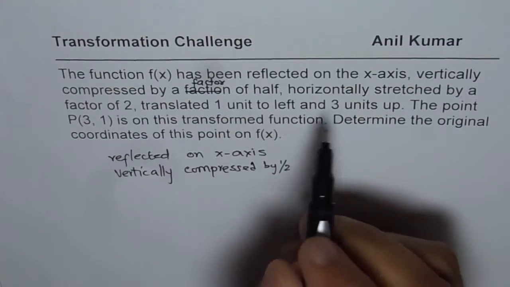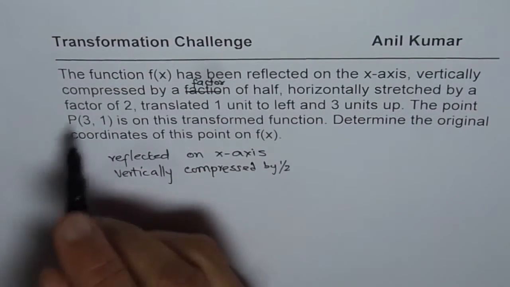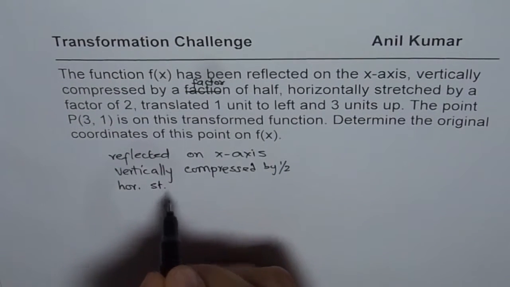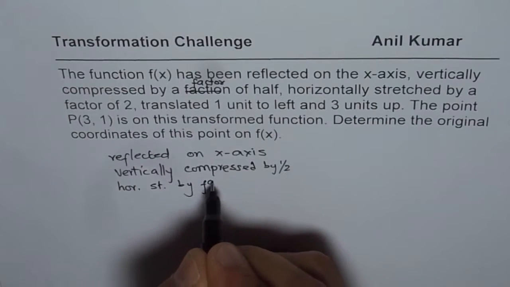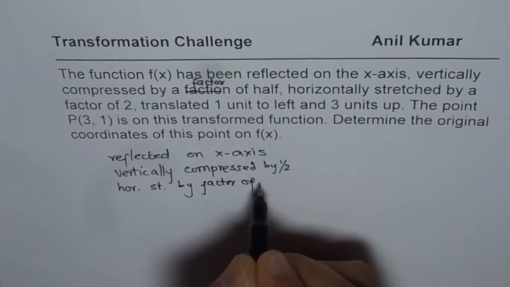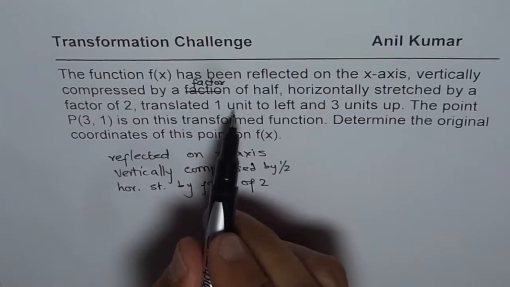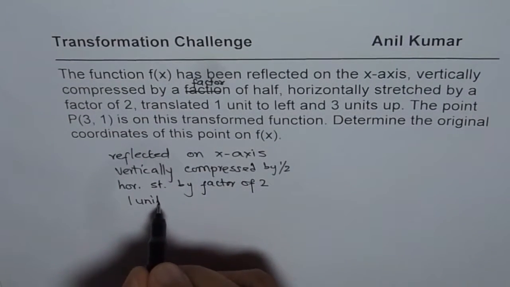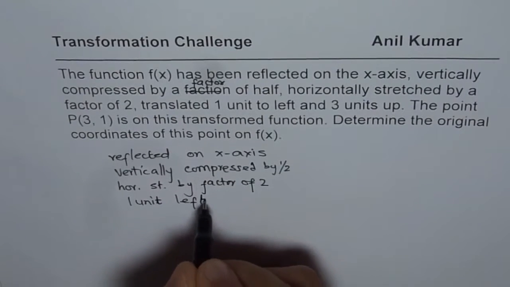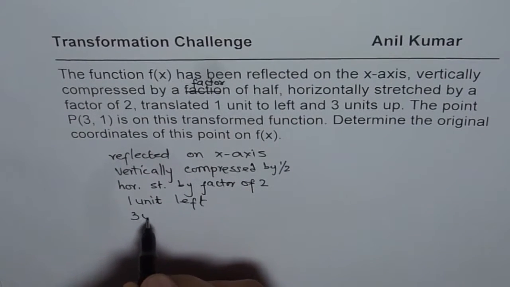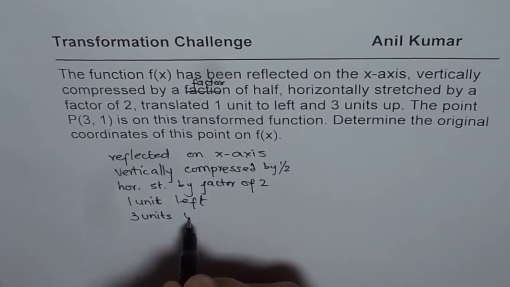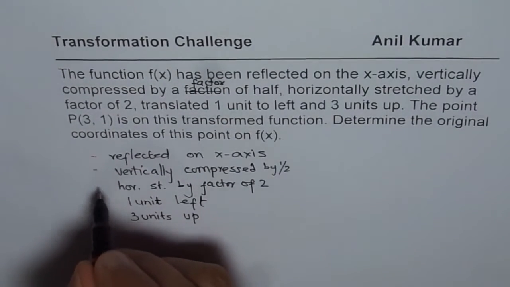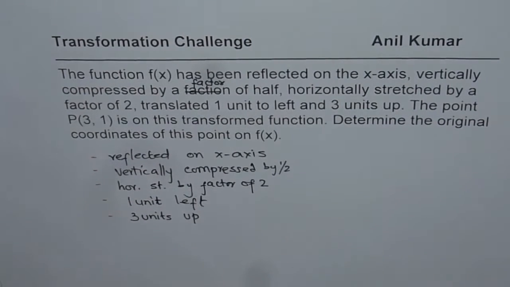I'm not writing factor here. Horizontally stretched by a factor of 2. Translated 1 unit left and 3 units up. So that is the transformation which is being performed on the function f of x.